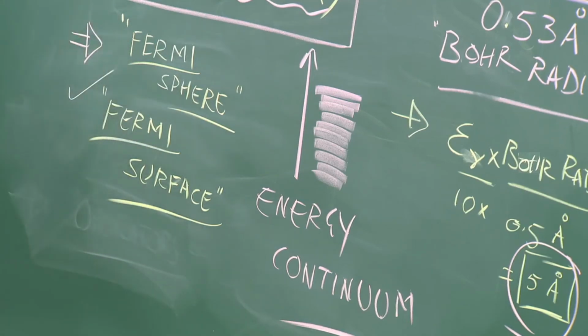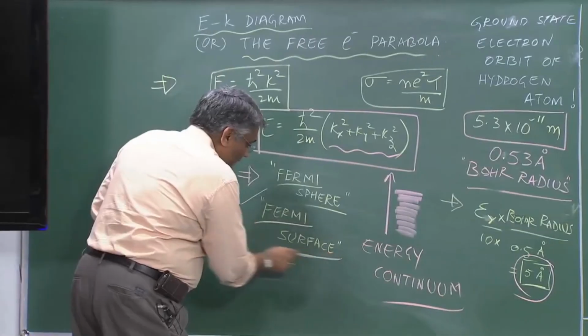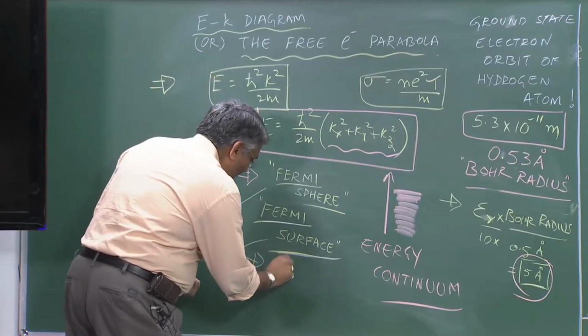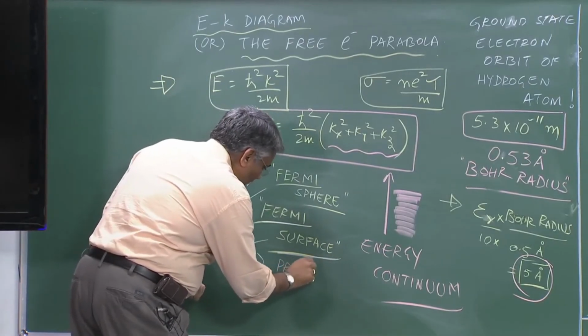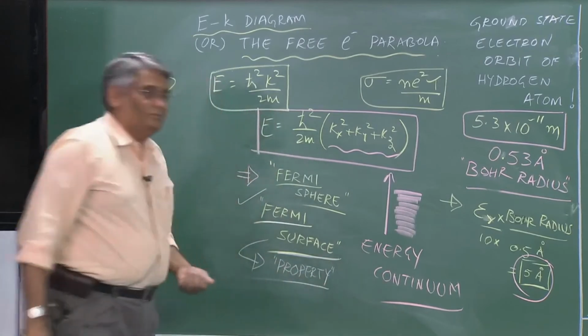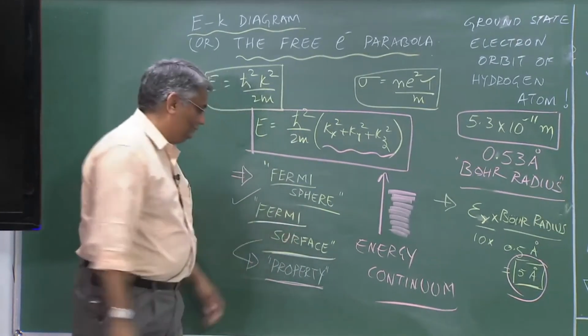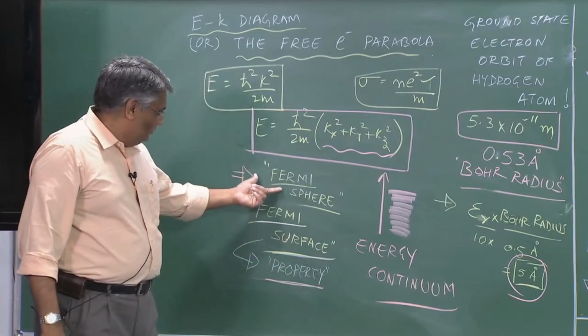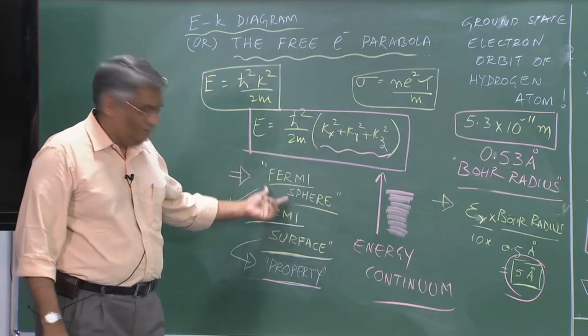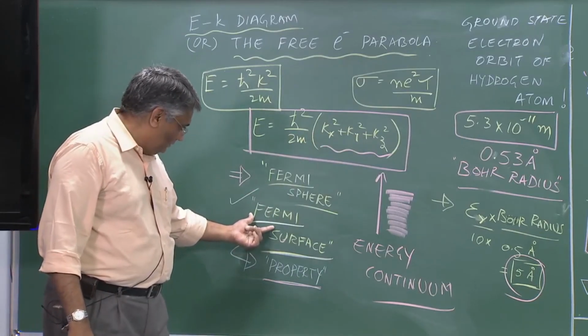It plays an extremely important role in condensed matter physics, in solid state physics, in determining the properties of materials. Any idea about this Fermi surface? So the sphere that is defined in this way is called the Fermi sphere, and the surface of this sphere is called the Fermi surface.